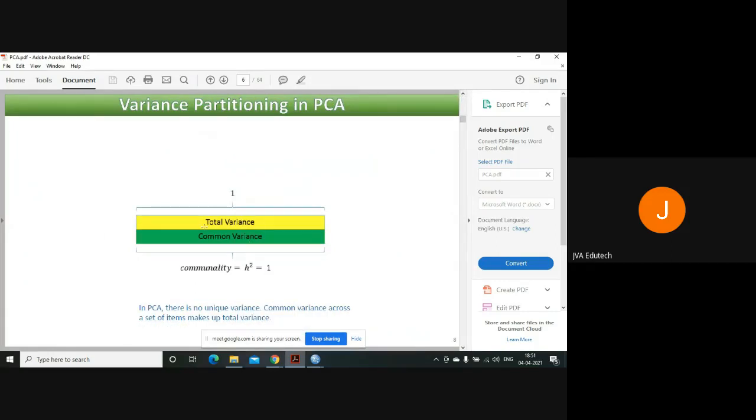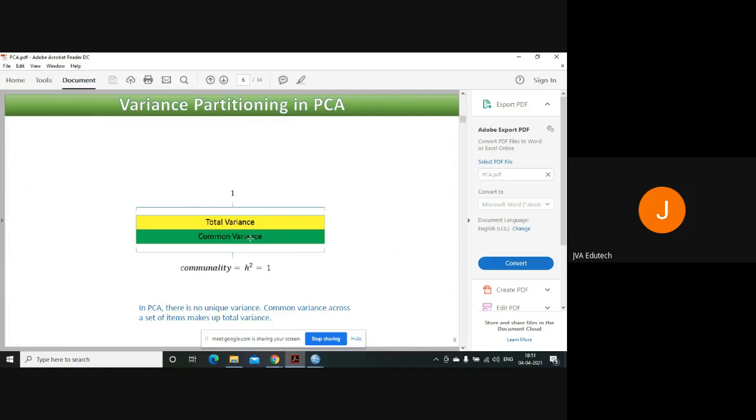If you are going for principal component analysis, it means the total variance is explained by the common variance. In that case, communality will be equal to 1. I have already told you communality ranges from 0 to 1. Since total variance is explained by common variance, there is no unique variance at all, so communality will be equal to 1. Remember that in principal component analysis there is no unique variance.